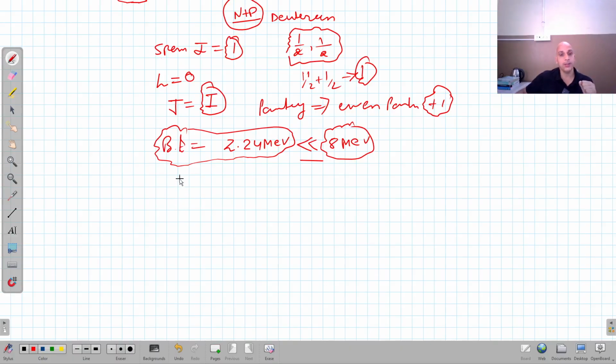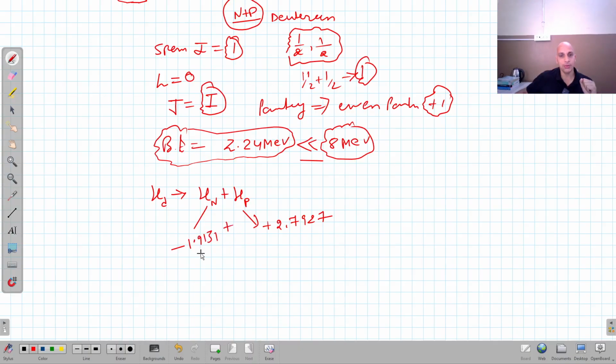As far as the magnetic dipole moment is concerned, the magnetic dipole moment mu of deuteron should be equal to the magnetic dipole moment of neutron plus the magnetic dipole moment of proton. We know the values: for proton it is plus 2.7927, and for neutron it is minus 1.9131.